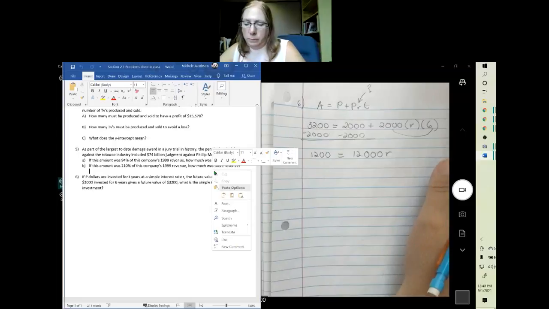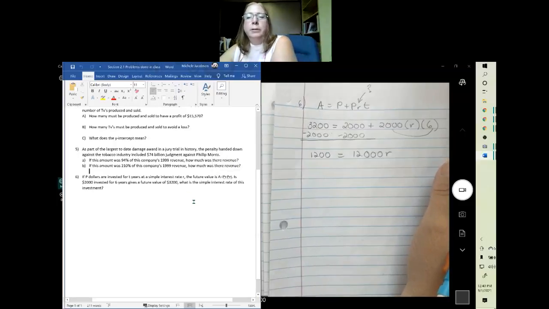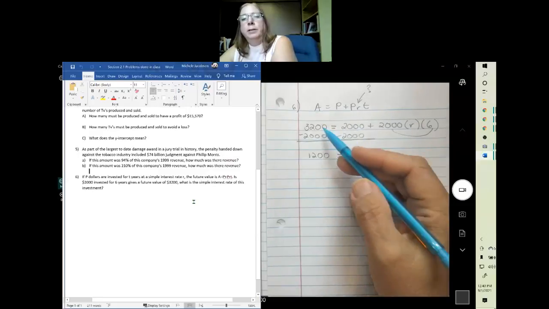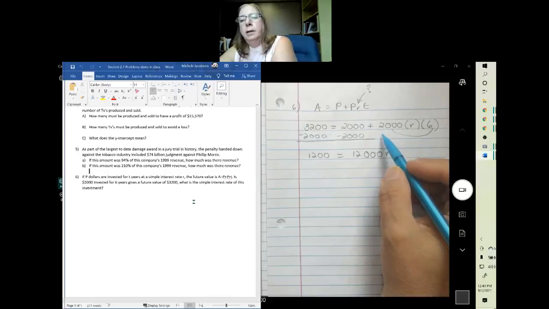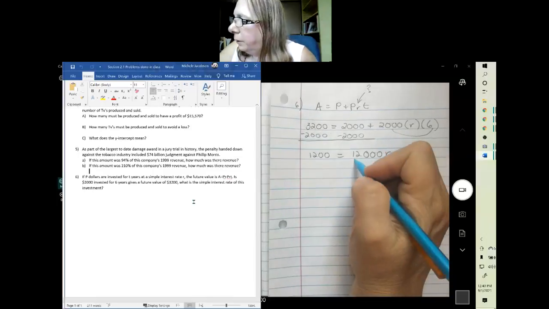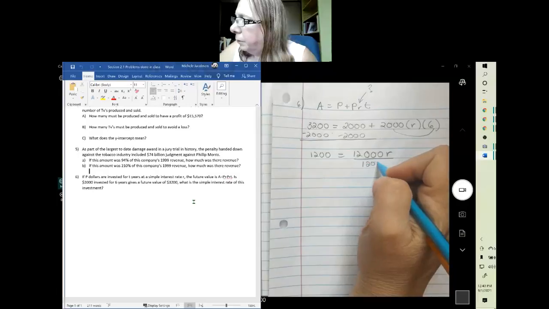Any questions on that part? So I subtracted the 2,000 and then I multiplied these two together. I'm looking for R, so I need to divide by the 12,000.